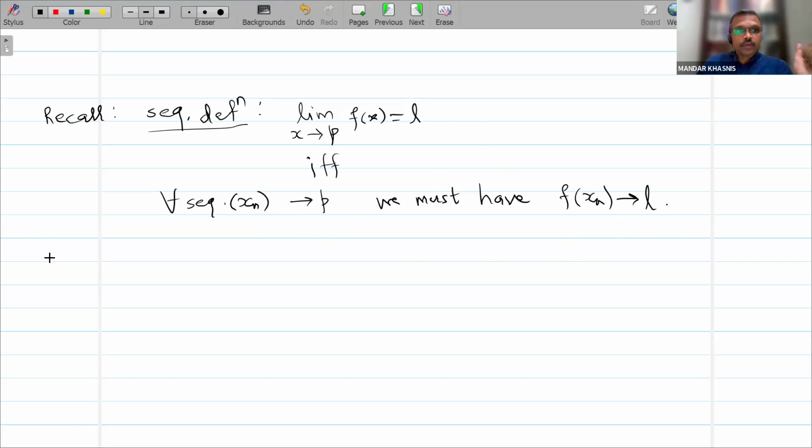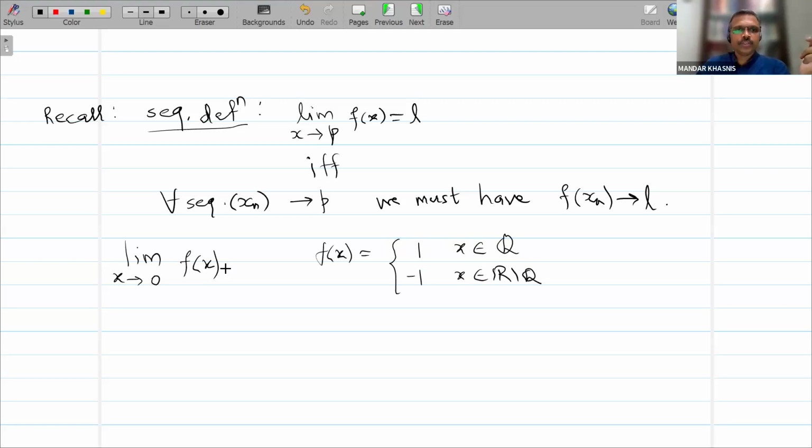Fine. This everyone knows. But the consequence of it is, if I ask the limit as x goes to 0 of f(x), where f(x) is defined as 1 if x is rational and -1 when x is irrational, I think everyone is in a position to tell me the answer.